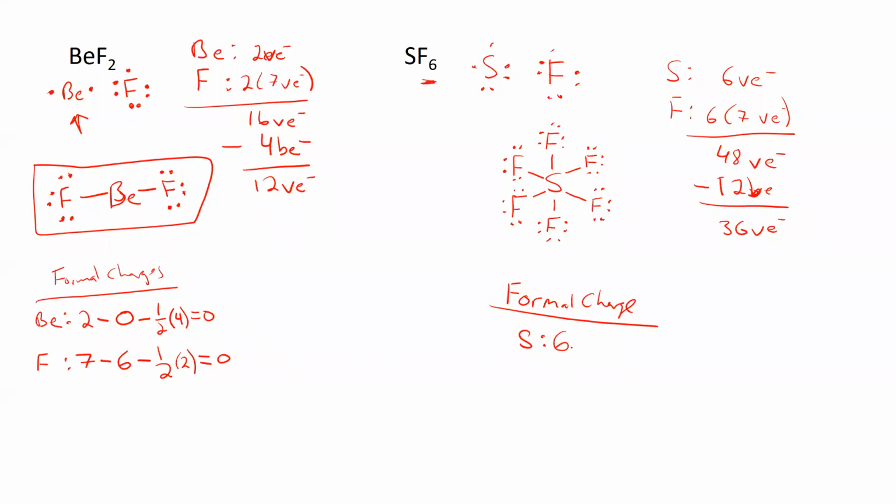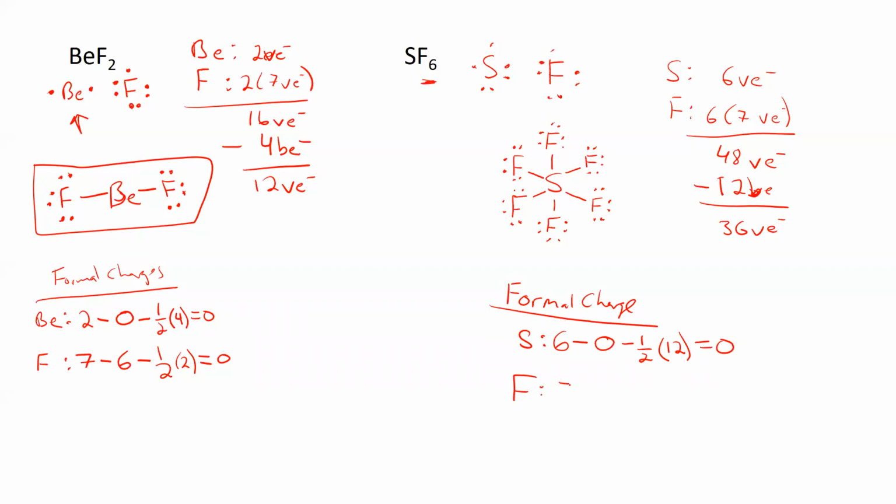Sulfur in its free state, just by itself, would have 6 valence electrons, minus 0 lone pair electrons on sulfur, minus 1/2 of the shared electrons. Well, there are 6 bonds which account for 12 shared electrons. So 6 minus half of 12 is equal to 0. So there's a formal charge of 0 on sulfur.